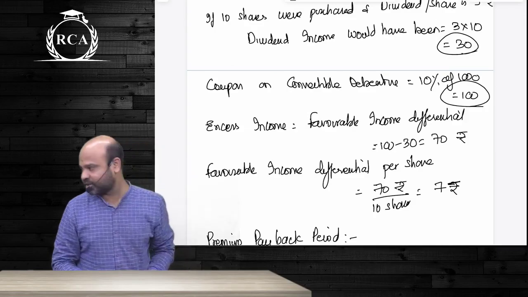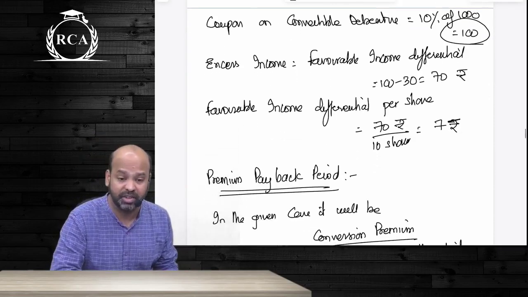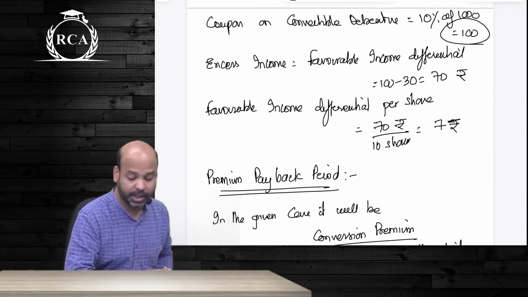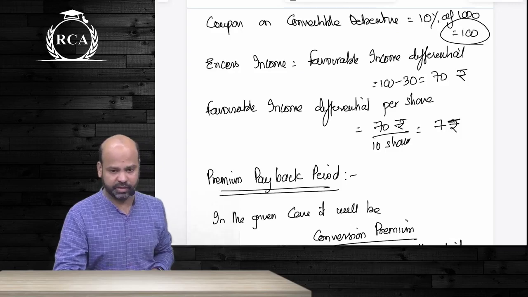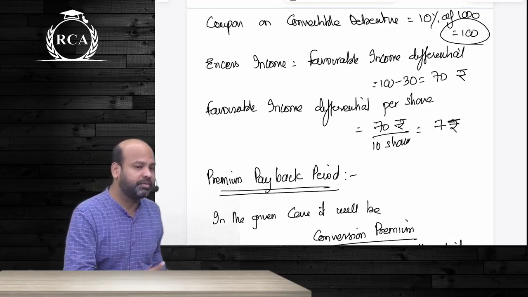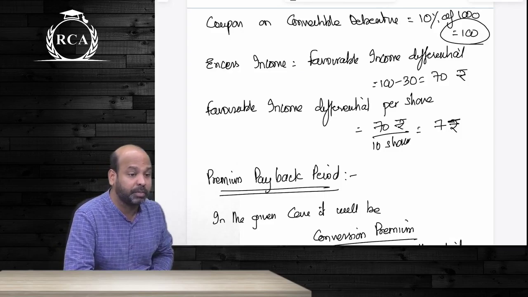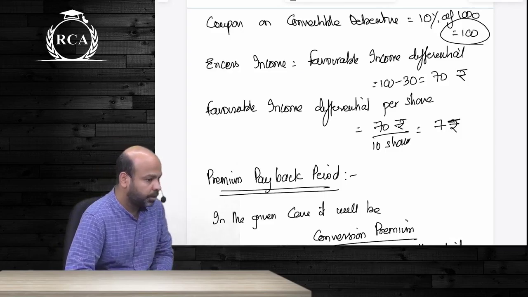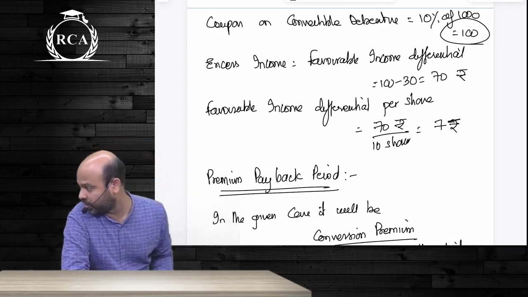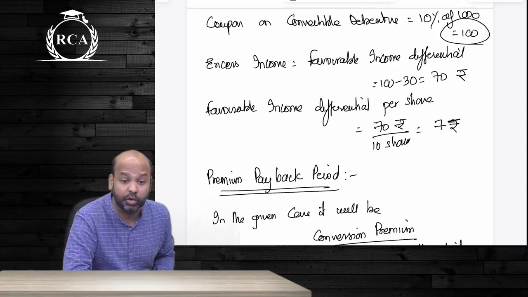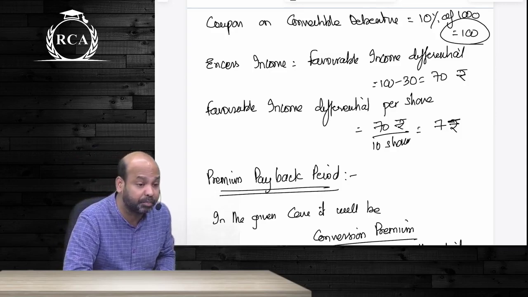In case they ask us to compute this favorable income differential per share, you will divide this by the number of equity shares. Using favorable income differential, we computed something called premium payback period. What we are trying to compute here is the time period we need to recover the conversion premium using favorable income differential.